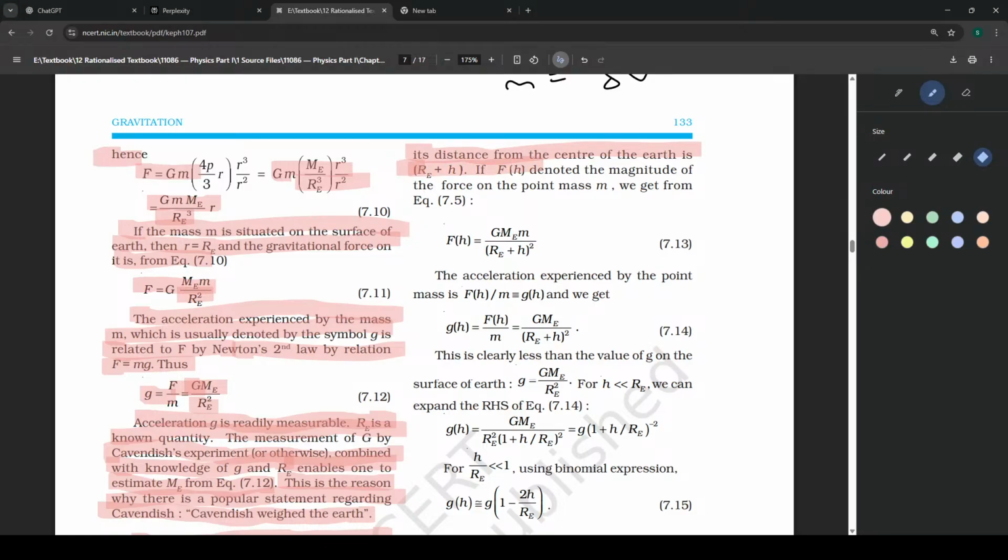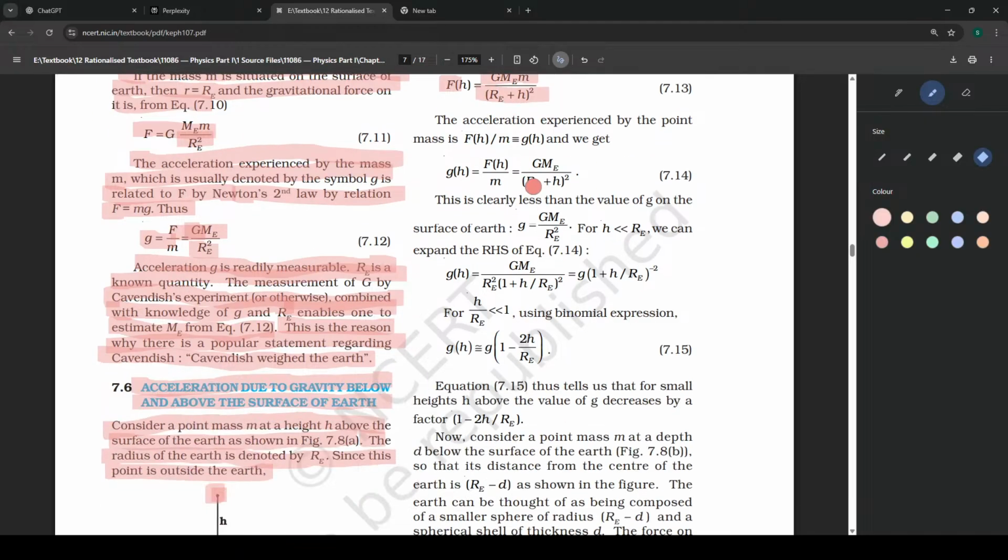If F of h denotes the magnitude of the force on the point mass m, we get from equation 7.5, our law here, F of h, the force at h, equals G me m by Re plus h whole square.